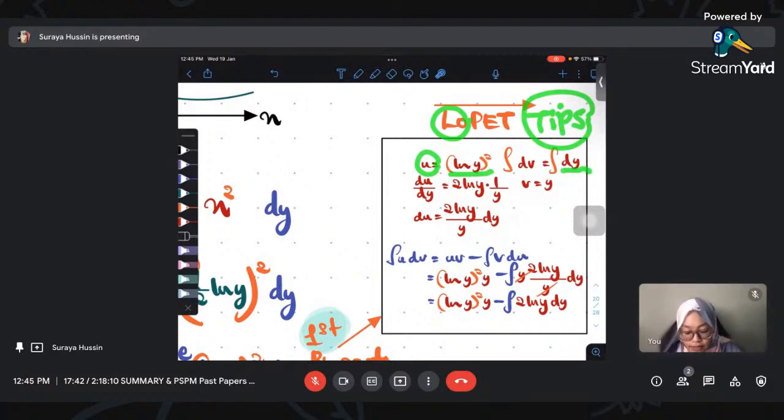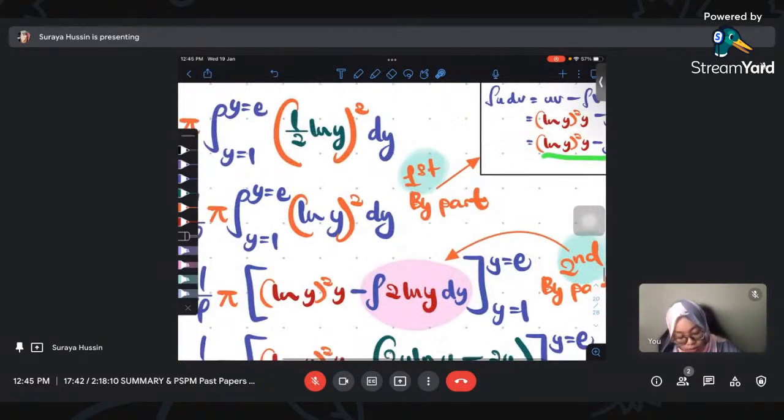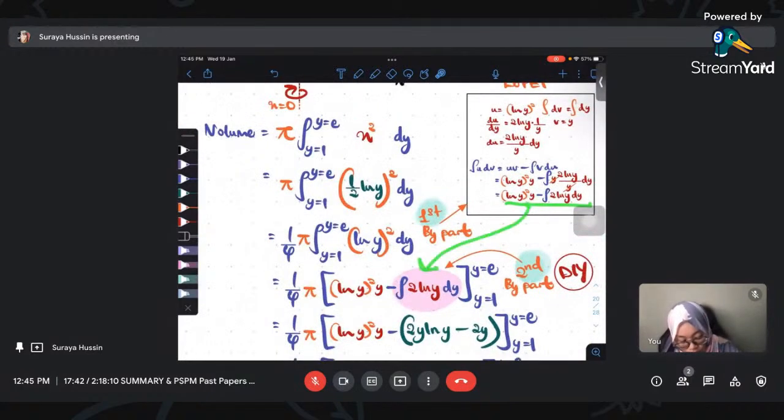Right? dv is equals to dy, and then you have to integrate both sides. And so you do it until you got this. Okay? After you got the answer, the first by part, you masukkanlah ia ke dalam jawapan bersama big bracket yang ada value of luar ni lah, yang limit ni tersebut, tulis je di luar.